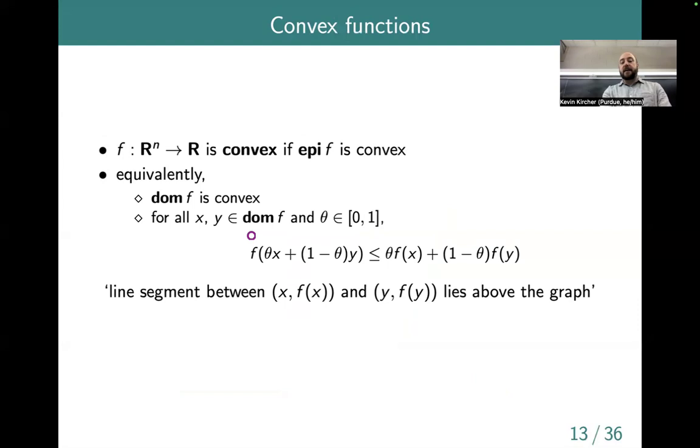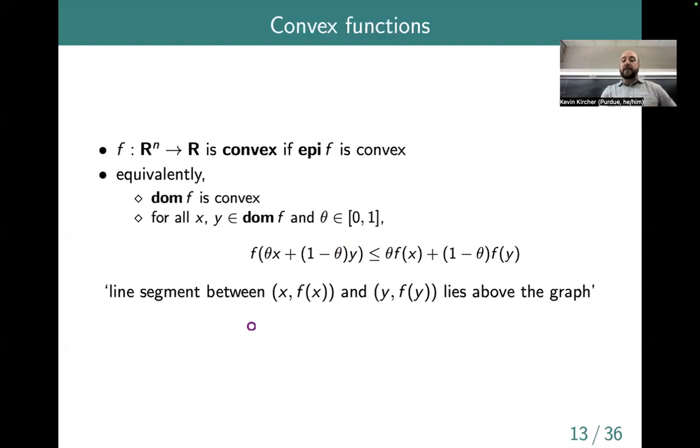And then we need this property that for all x and y within the domain, and any theta between 0 and 1, if we take f of the convex combination of x and y, that has to be below the convex combination of the function values, f of x and f of y.